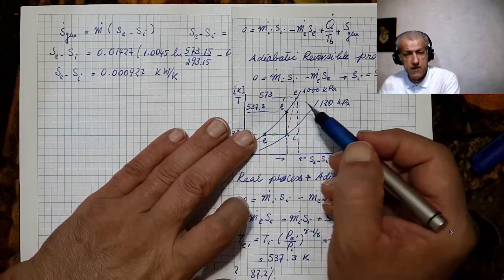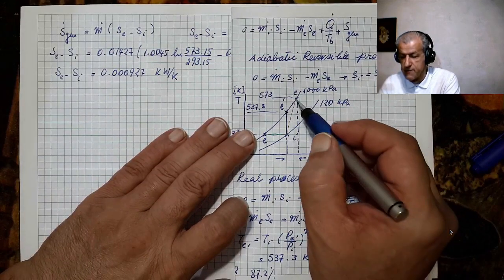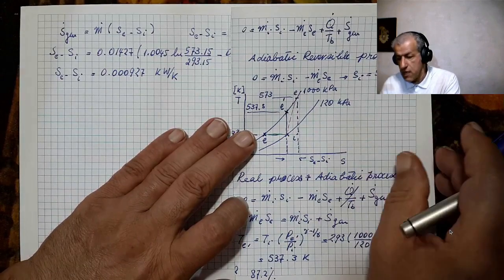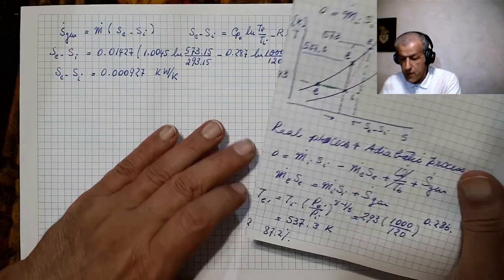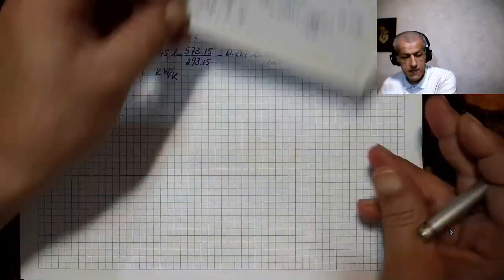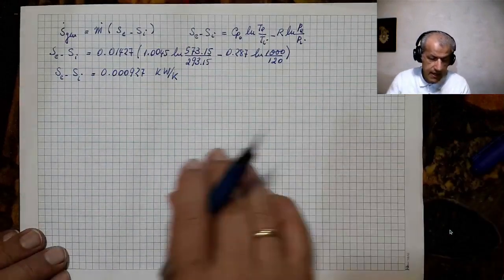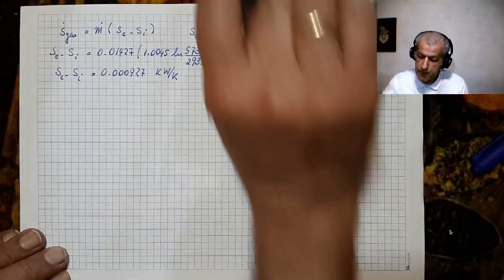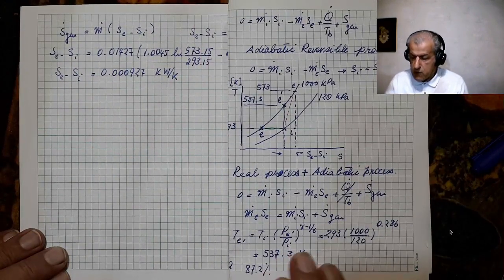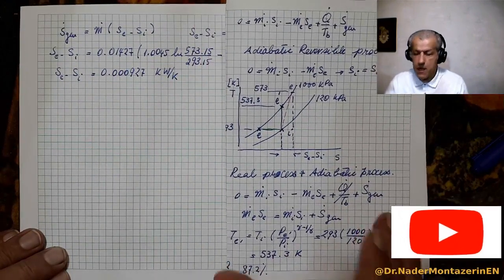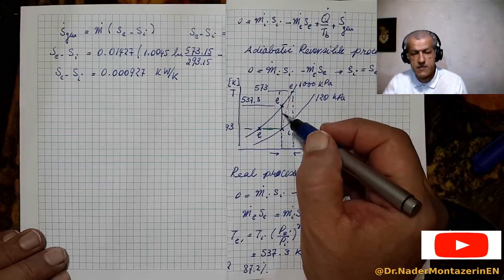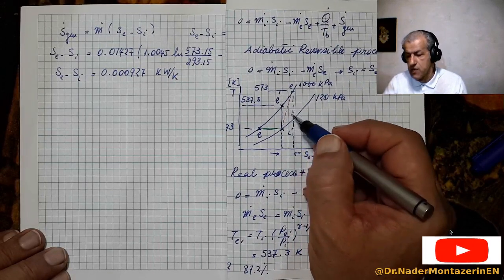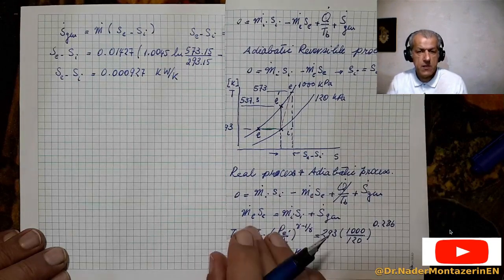It wouldn't make any difference if we had calculated Se minus Se prime. It would produce exactly the same result. But as it is, we have calculated it and we have found this value. We now know everything about the real process, the isentropic process, the efficiency, and also the generated entropy.